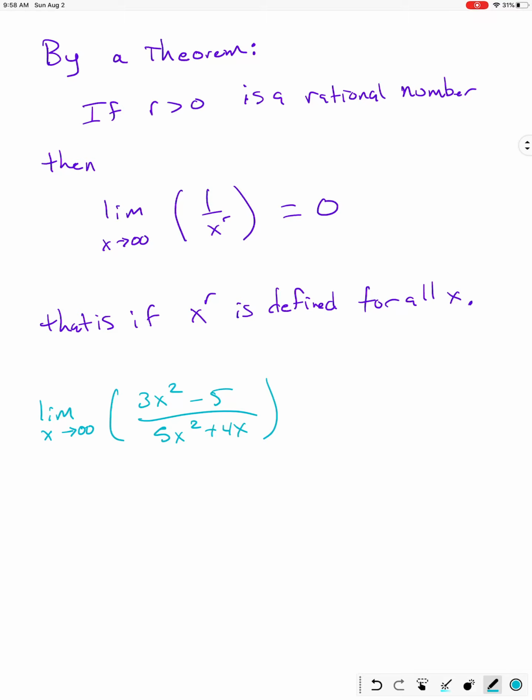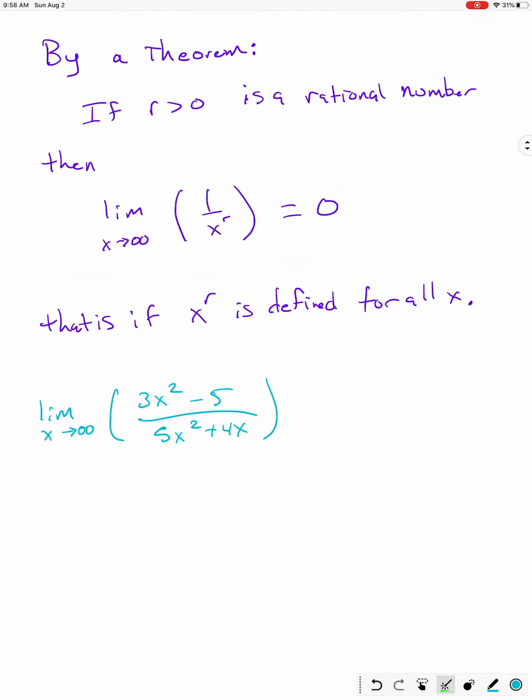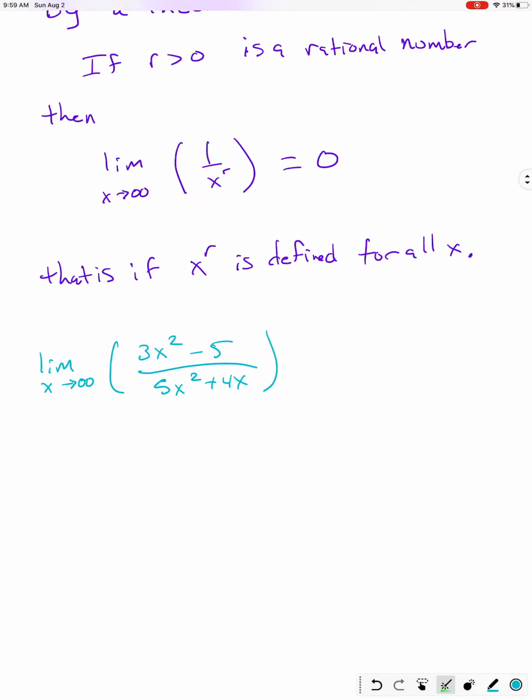And so sometimes people will teach some tricks, but I like to approach things with mathematical rigor, and so I'm going to use this theorem to show what this limit is or understand if it doesn't exist.